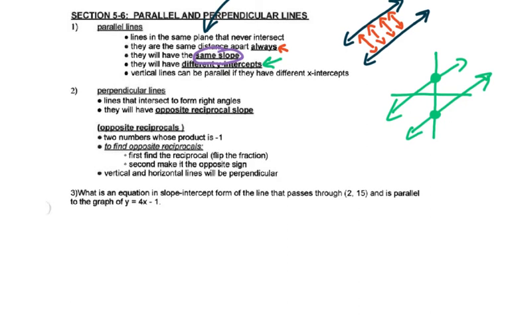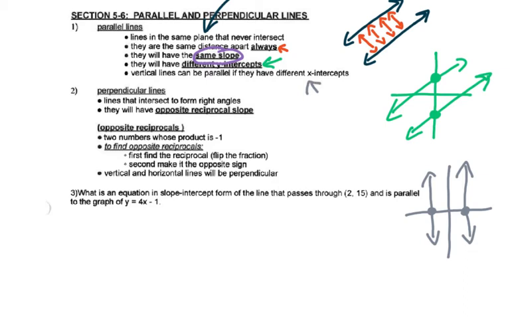Vertical lines can be parallel if they have different x-intercepts. So what is this saying? Well, this is saying that if I have a vertical line, then as long as the other vertical line has a different x-intercept, they would be parallel. That's what the last one is saying.